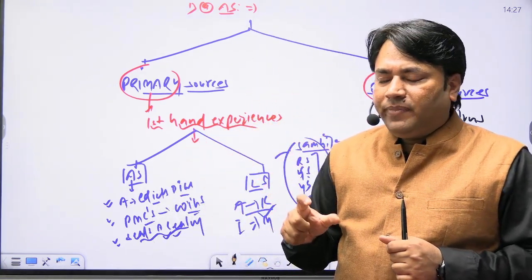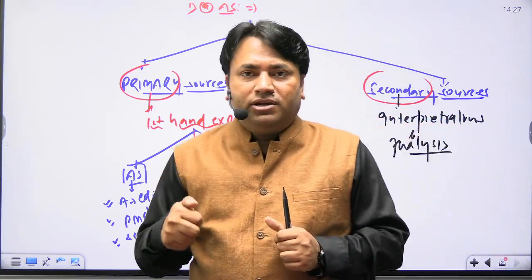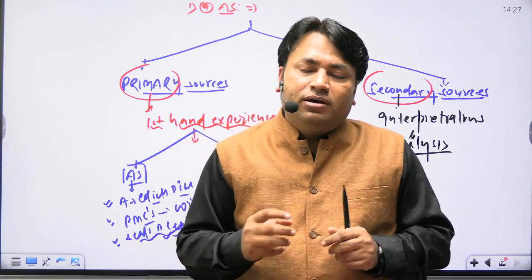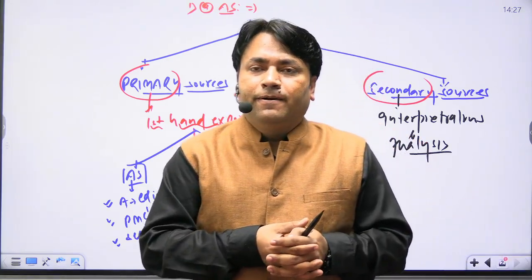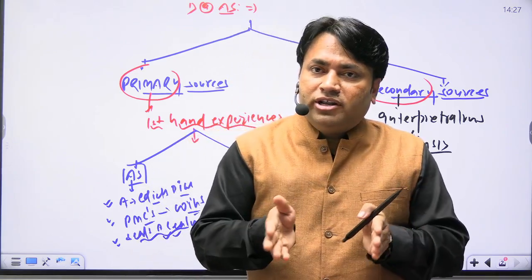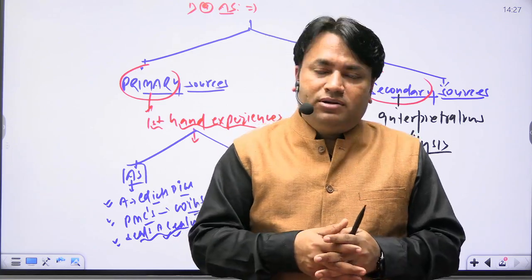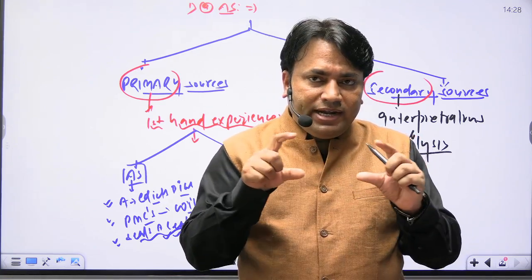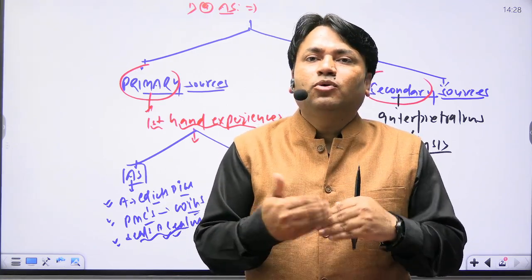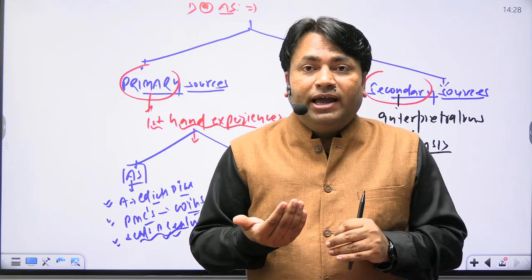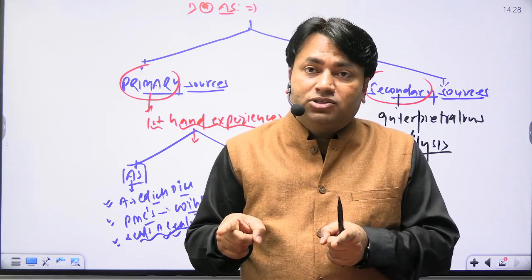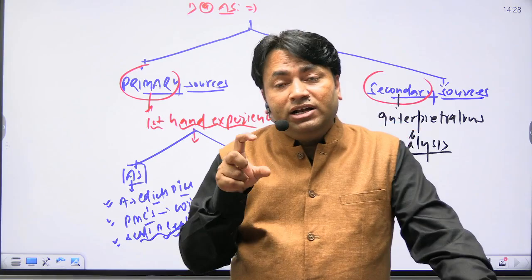For example, when historians write history, when R.S. Sharma wrote the history of ancient India, or the works of historians Irfan Habib and Romila Thapar, they explore the original or primary sources and write the history of the past. This is a very difficult task.